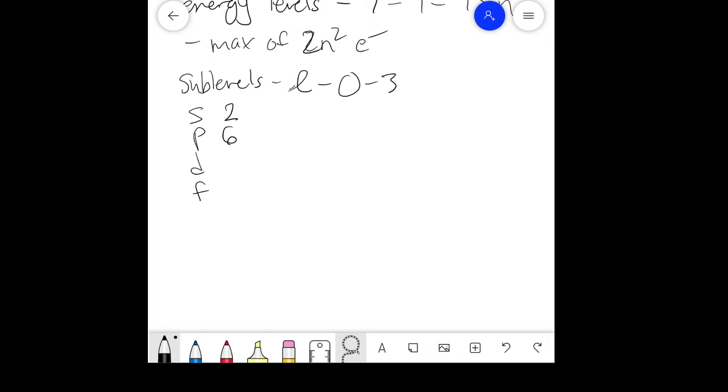P can have a max of 6, D 10, and F 14, because each orbital can have a max of 1 paired electron. So this has 1 orbital, 3 orbitals, 5 orbitals, 7 orbitals. I go more in depth in the other video, but that's a quick rundown, just so we have our base point for what's going on with this.